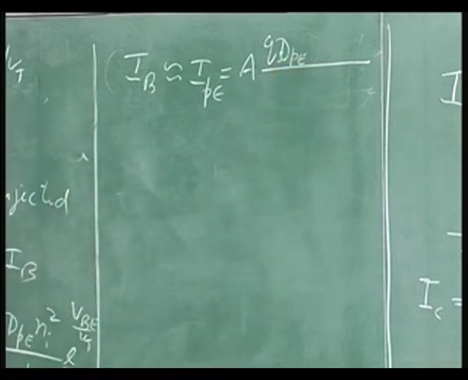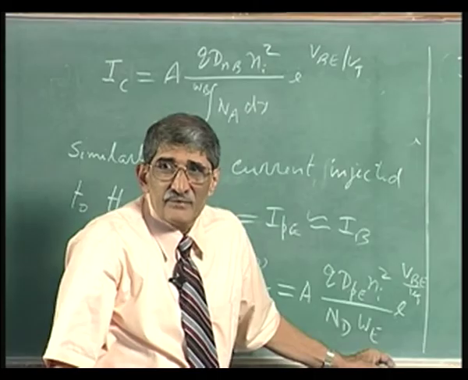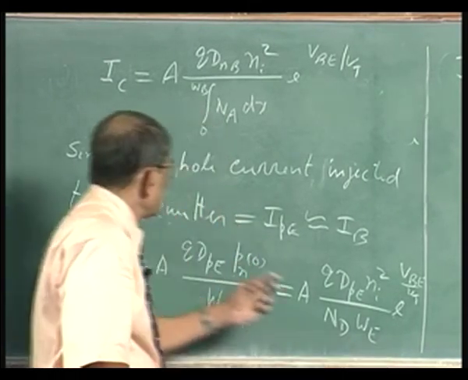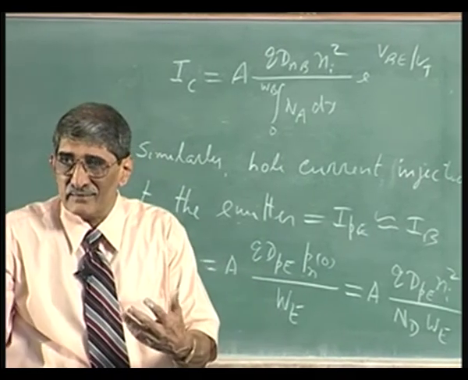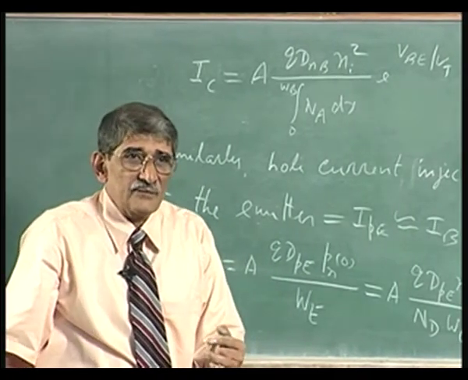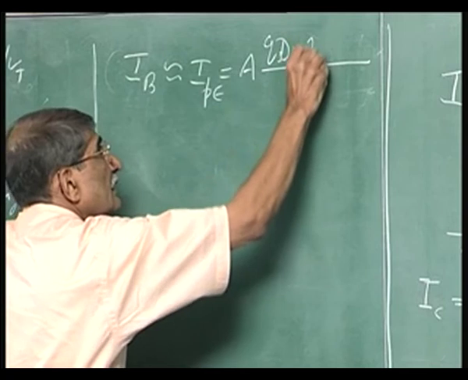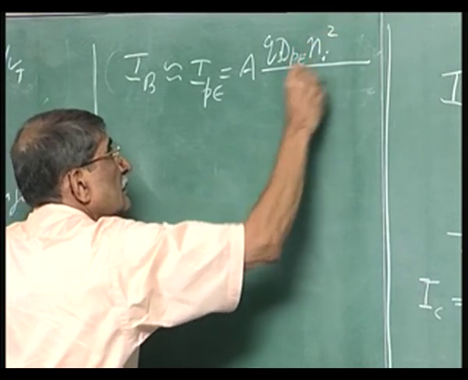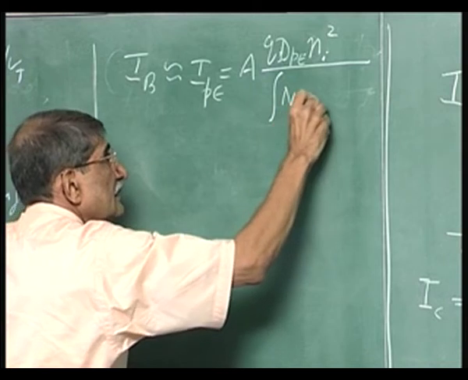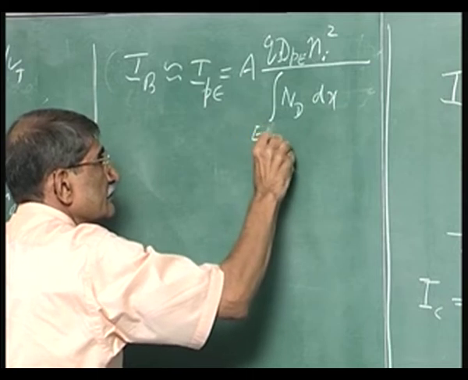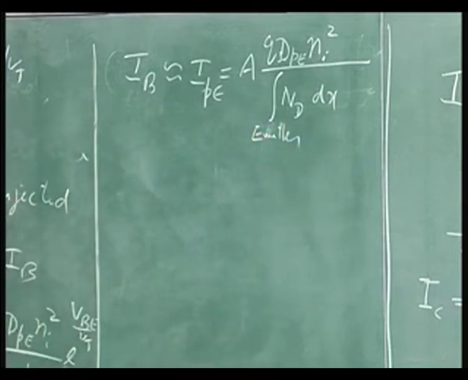I am using the suffix E there again, because we have now different regions. You have the N type emitter, N type collector. So, I am just talking of the whole diffusion coefficient in the emitter. So, that is DPE into Ni squared divided by integral Nd into dx, integrated over the emitter, 0 to WE, integrated over the entire emitter length.